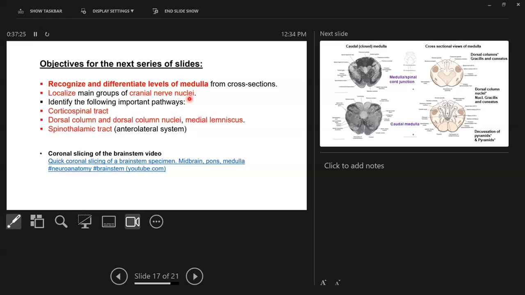We also need to keep in mind the most important long pathways, long tracts, such as corticospinal, such as dorsal column and dorsal column nuclei, and then medial lemniscus from the tubercles on, and rostral to those, from those nuclei.